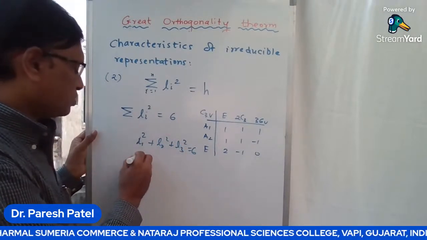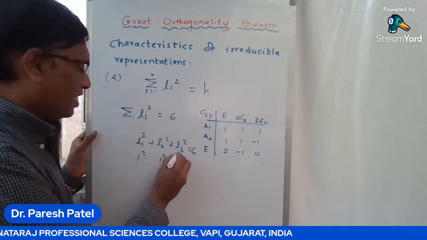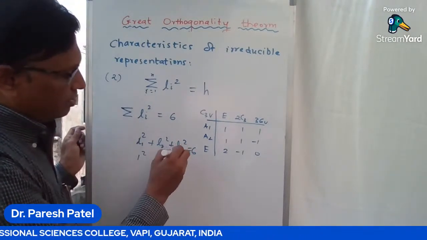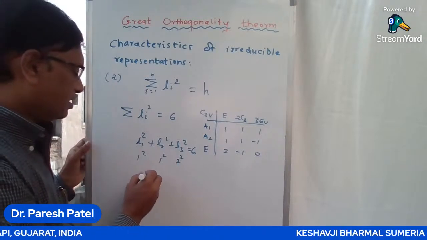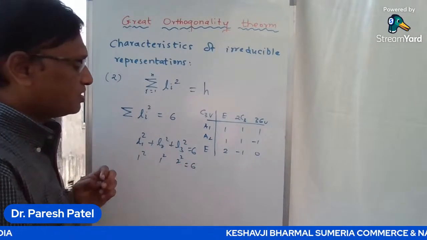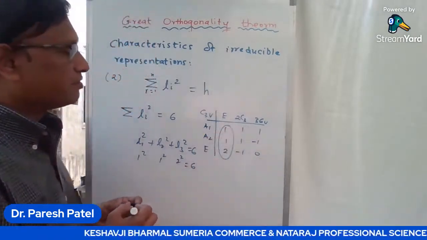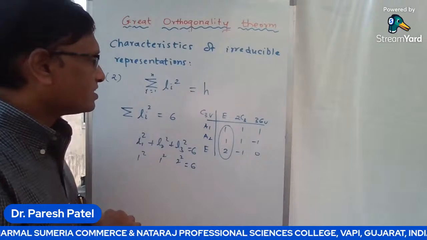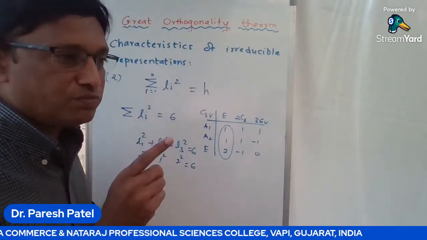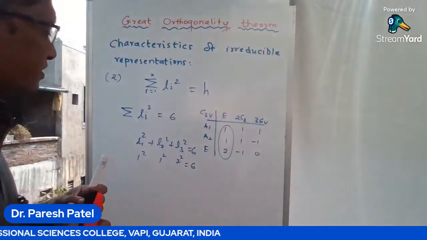Now this equation can be satisfied if any two dimensions are equal to 1 and the third representation is two-dimensional. Already it is given in the character table of C3v. So the second characteristic is that the sum of the square of the dimension is equal to the order of a group.